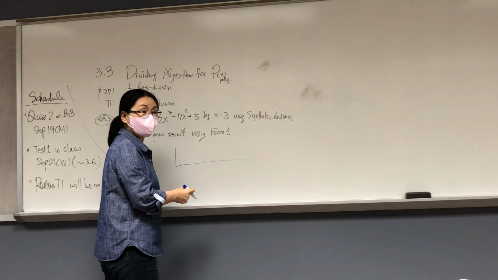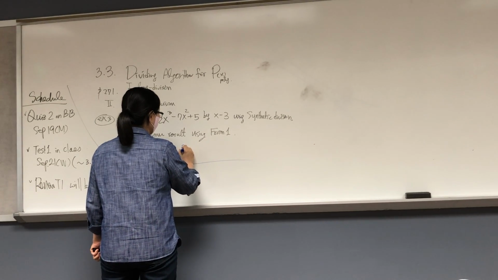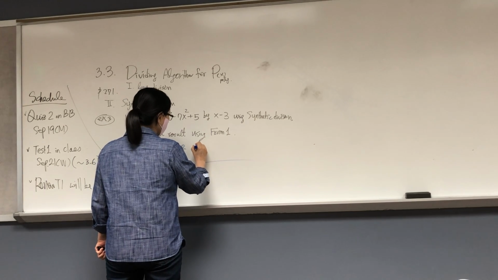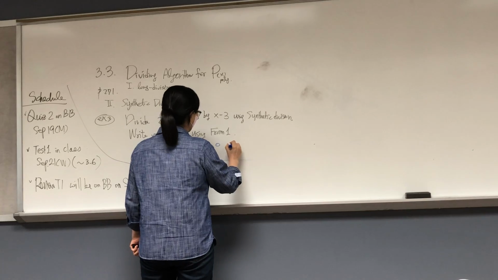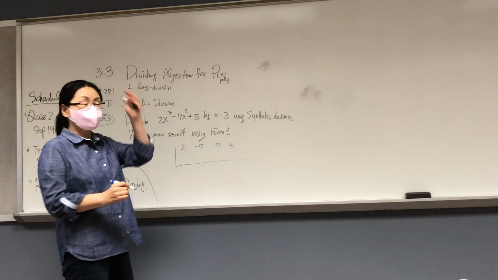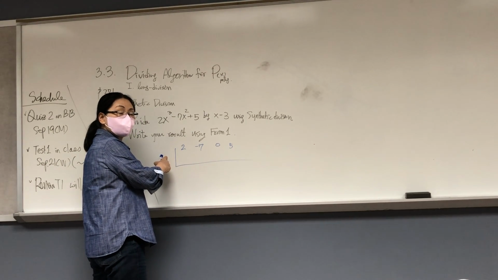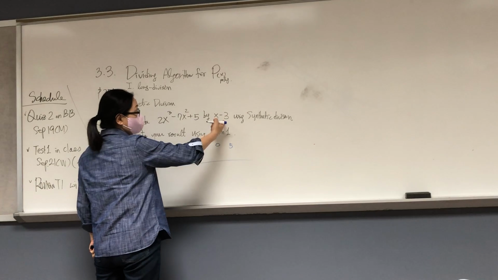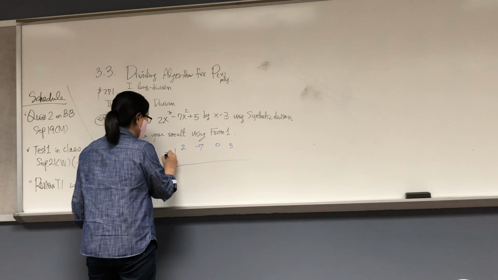The coefficients of the dividend, so what is it? -7, 0, 5. Good job, don't miss this. And then here, what do I need to apply? Your zero. This is your factor, and what is your zero? 3. Very good.